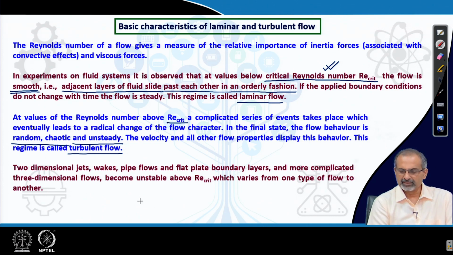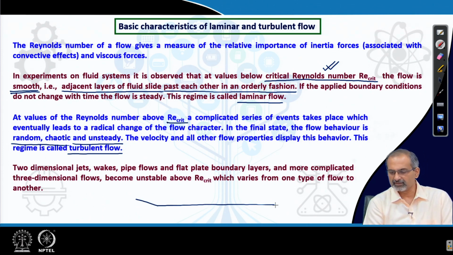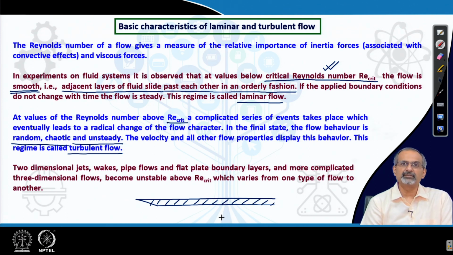Now, if you revisit the flow past a flat plate and formation of boundary layer, you may recall that the theories that we discussed were catering to the laminar regime of an incompressible boundary layer.